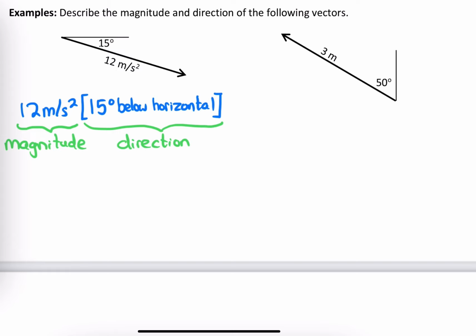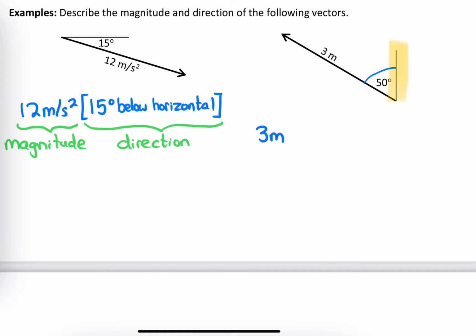Okay, let's have a look at this one over here. The magnitude is pretty straightforward to say. This guy's magnitude is 3 meters. And its direction is given with this angle up here, 50 degrees. And that angle is comparing my vector to this line.